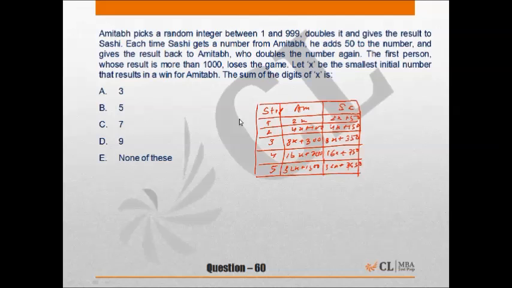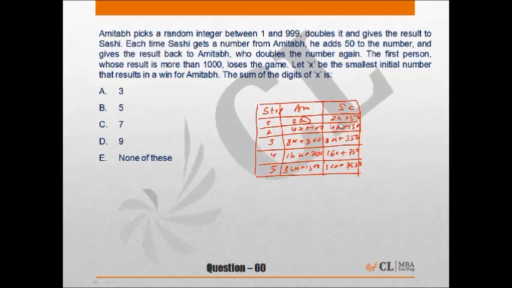Let x be the smallest initial number that results in a win for Amitabh. The sum of the digits of x is? If initially Amitabh has x amount, he doubles it and then gives it to Shashi, who adds 50.